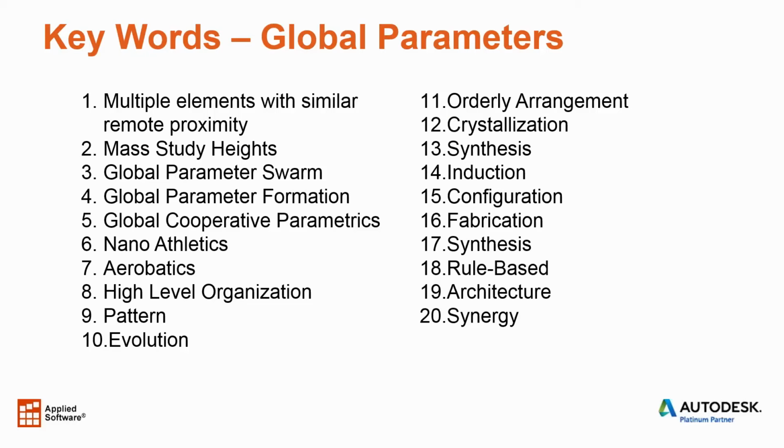So I'm going to leave you with a few keywords for global parameters from my research. Those relate mainly to multiple elements with similar remote proximity, formation, basically creating a pattern, creating crystallization, fabrication, synthesis, and coming together based on some rules, architecture, and synergy.